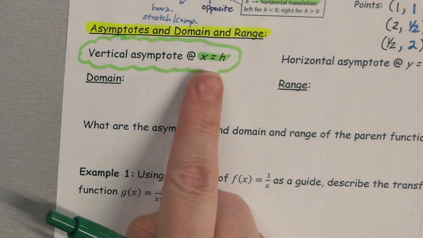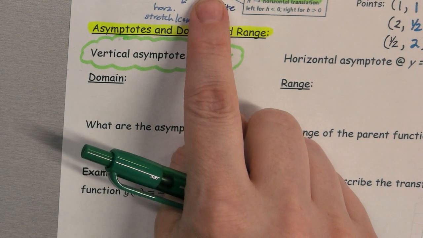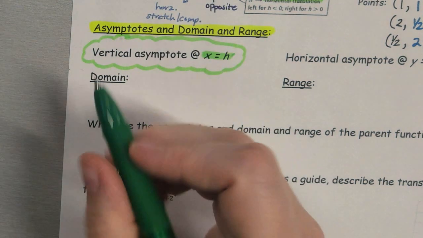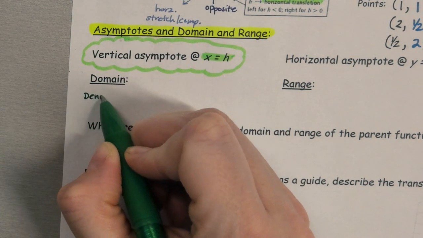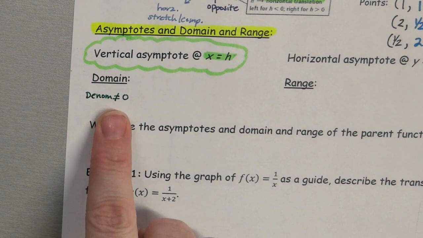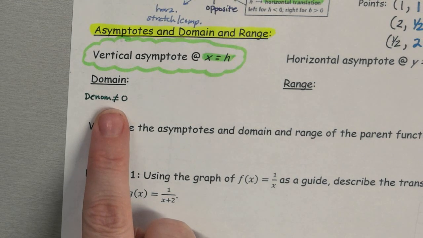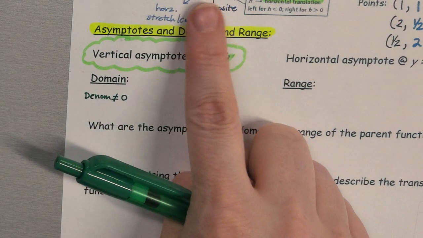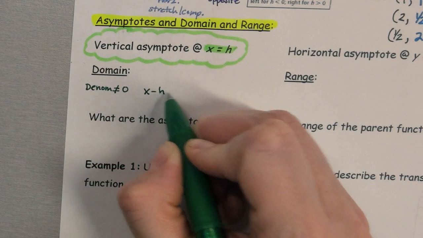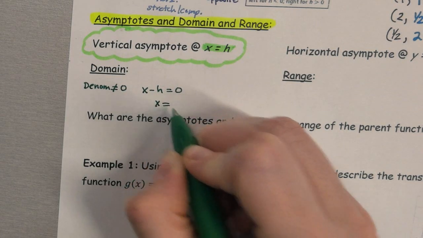Okay, and then with the vertical asymptote, the x equals h value, notice that that's in the denominator, right? When we were doing this, we would always say the denominator couldn't equal 0. Remember when we were talking about the domain in chapter 6, and we had those fractions? Okay, so if the denominator is x minus h, and you were to set that equal to 0, what would x end up being equal to?